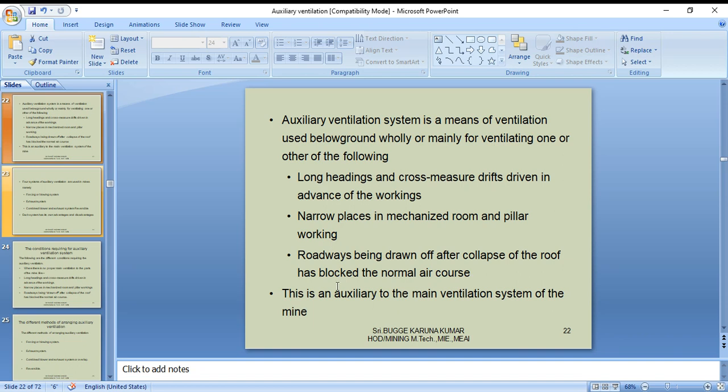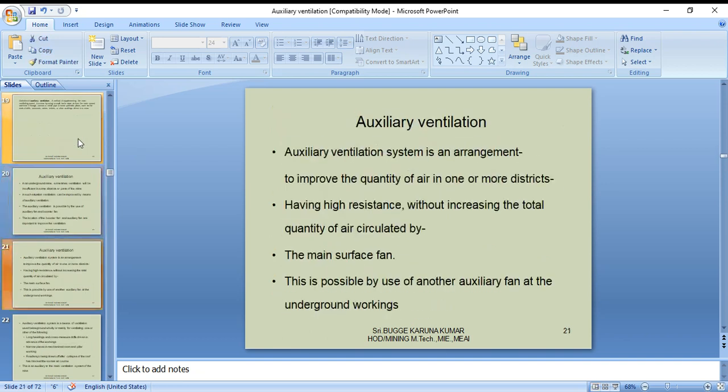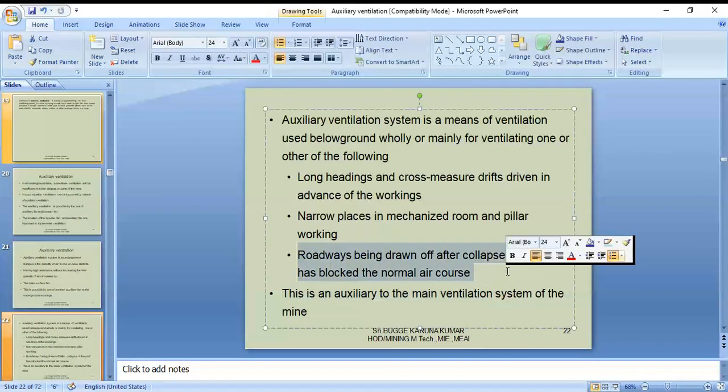Not only when machines are working, this is also very important for establishing auxiliary ventilation. Yes, if a roadway is blocked, in such a condition you can also apply it, and fresh air can be sent. Just like with boreholes where children have fallen down, we insert small pipes and apply a small pressure. Auxiliary ventilation serves the same purpose.